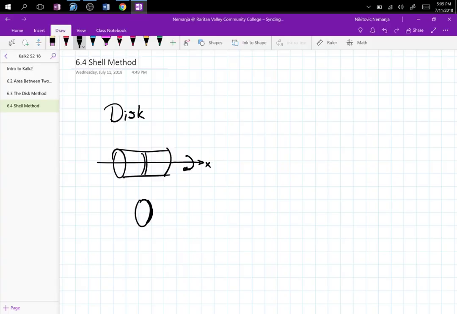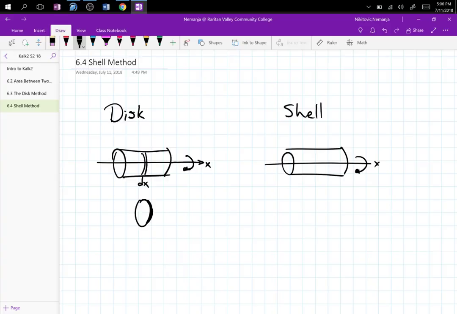So we have a little disk in this case as we cut, and we see that as we cut this way, the cut is always perpendicular to the axis of rotation. Now today we can take the same object, which is this cylinder, rotating around the x-axis, but we can actually cut that with dy.